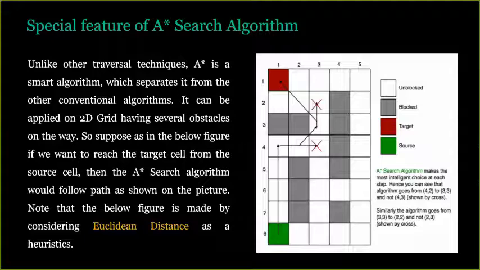A-star can be applied on a 2D grid having several obstacles on the way. Whenever you have a way which has any kind of obstacles, the A-star algorithm is what you are looking for.